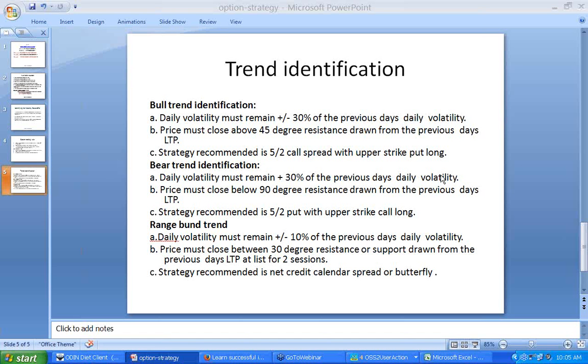In a bullish market, net credit calendar spreads you can also form. Net credit calendar spread, short straddle, short strangle, conversion, covered call, covered put.